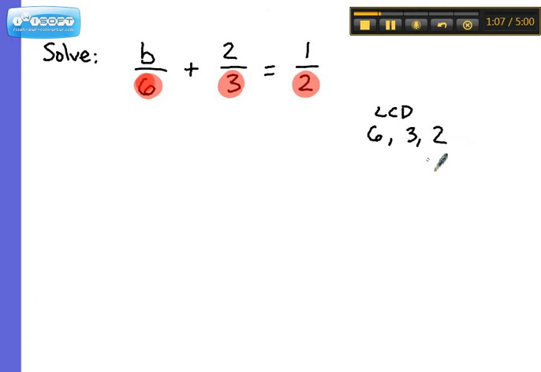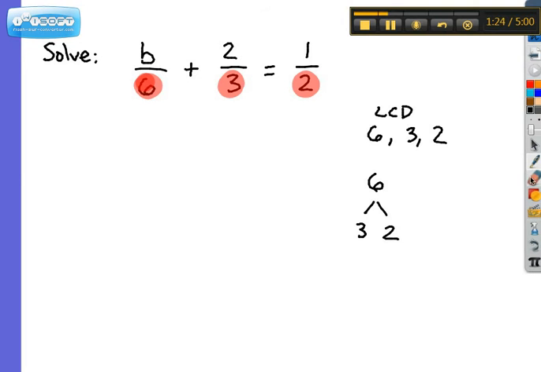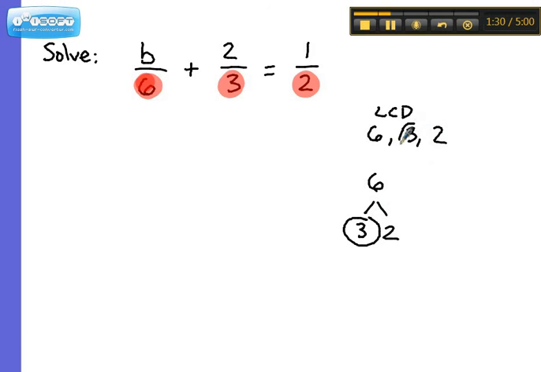So 3 and 2, we can't make a factor tree for. They're already simplified as much as possible. But 6, I can rewrite 6 as 3 times 2. So our least common denominator in this case is going to be 3 and 3 show up. So that's going to be one of our factors for the least common denominator.